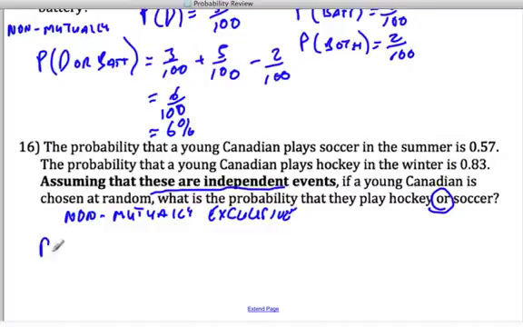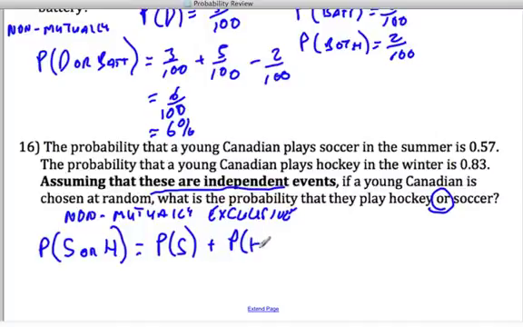So the probability that they play soccer or hockey is equal to the probability that they play soccer plus the probability that they play hockey minus the probability that they play both soccer and hockey.